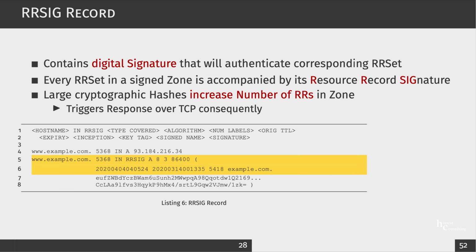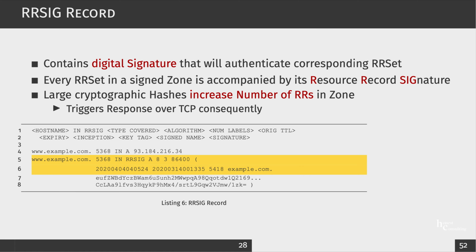So it has exactly the same name as the resource record that it is signing. It contains a couple of values right after the record type. So record type RRSIG, and then we have what type of records are covered by this resource record signature. In that case, it's the A record. If we have multiple records like A record, quad A record, MX record, NS record, then we will see what kind of records this signature is used for.